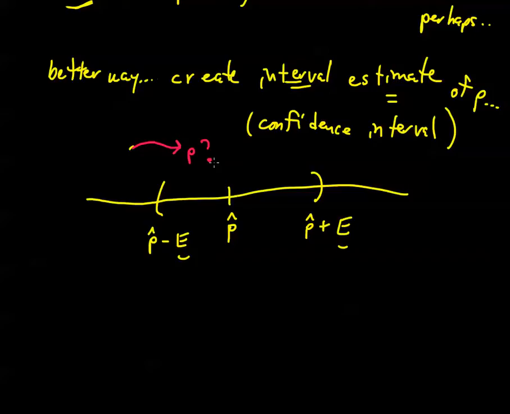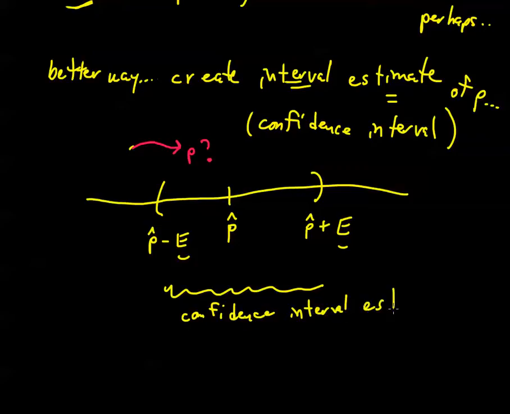In the end, we'll claim that little p will fall within this range with a certain probability or a certain level of confidence. Overall, this is what a confidence interval is going to look like. This range is going to be my confidence interval estimate for little p.